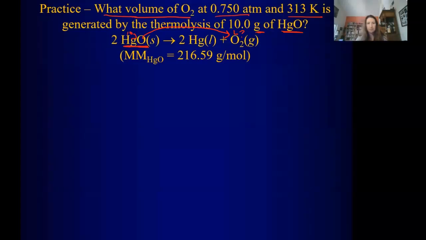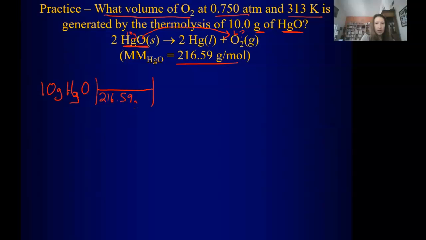Okay, so if we have 10 grams of HgO, it's super easy to get to moles, right? They give us a molar mass right here: 216.59 grams of HgO in 1 mole of HgO. So that's going to give us moles of HgO.